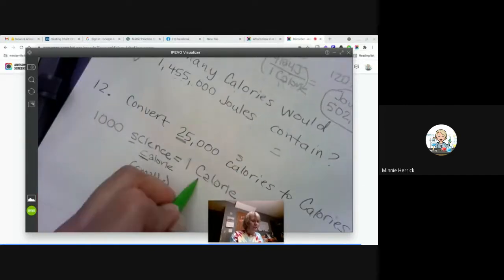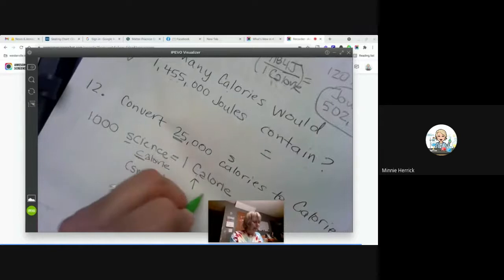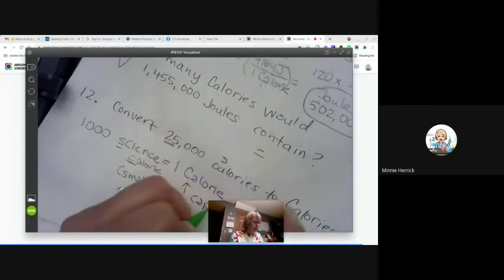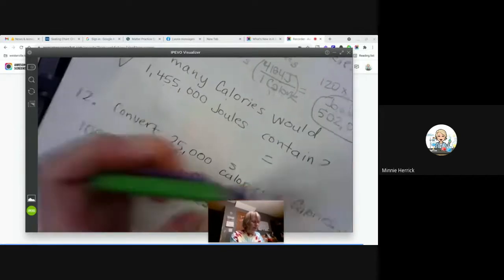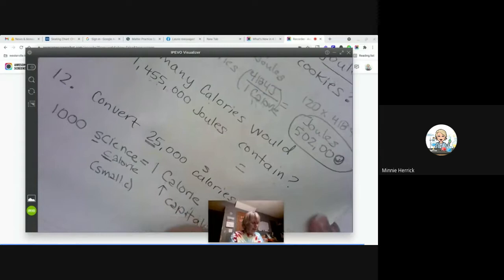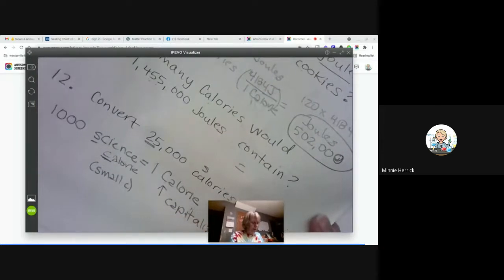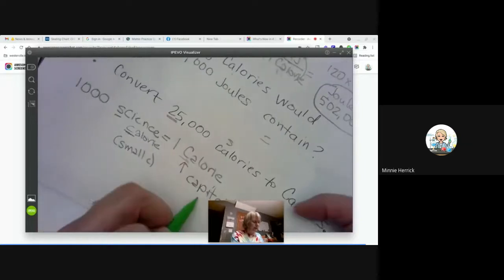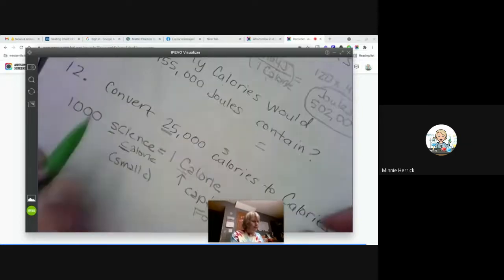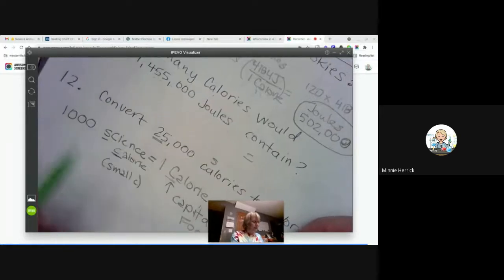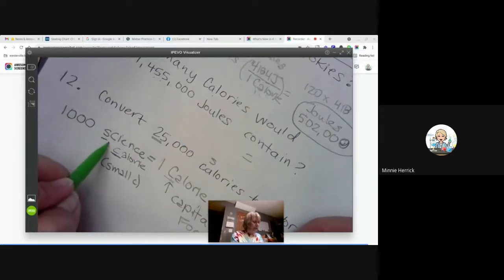But this food calorie is a capitalized calorie, a big capitalized C calorie. And it's just because America didn't want to make it a kilocalorie. Okay, so this is the capital calorie, that is a food calorie. So all we're doing is taking this and dividing it by 1,000 because we're going to get rid of our science calories and go to calorie.